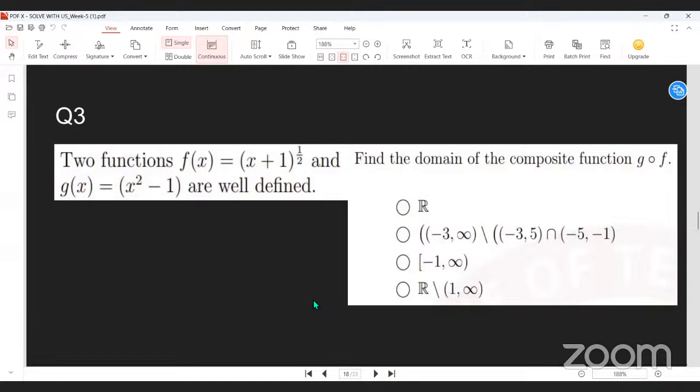Okay, so most of you have given A as the answer.